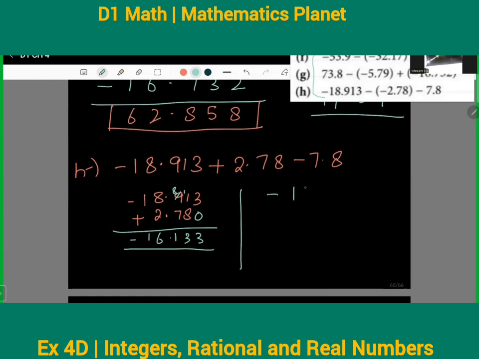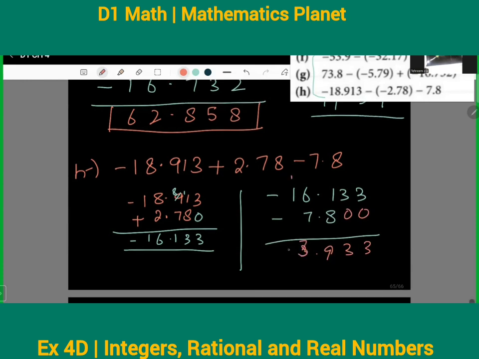So now we have minus 16.133 minus 7.8. Now you're going to add them. You get minus 23.933.